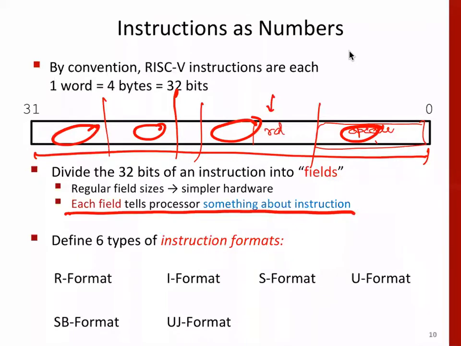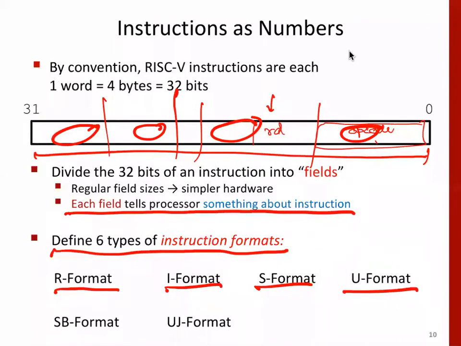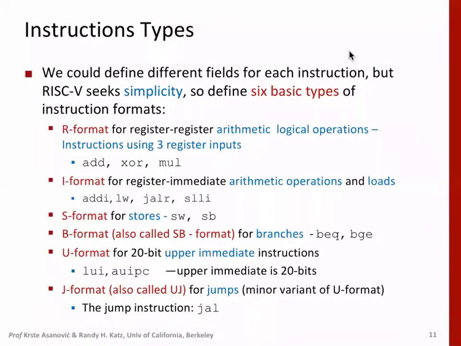So we have just 6 types of instruction formats in RISC-V: R format, register format; I format; S format; U format; SB format, which we also call B format; and UJ format, which we also call J format. These are the different instruction types.